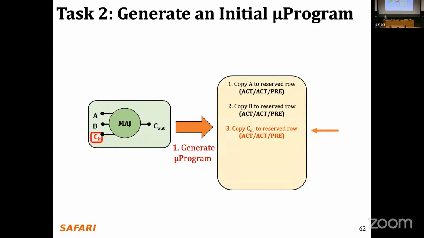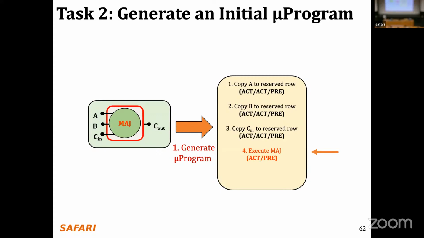So the first step is basically going to go through each one of those input rows and generate row copy operations to some reserve space inside the diorama array. And this is trying to mitigate the problem that the data is destructive. So basically, I'm copying the input data to some temporary rows inside the diorama subarray itself before I destruct those rows.